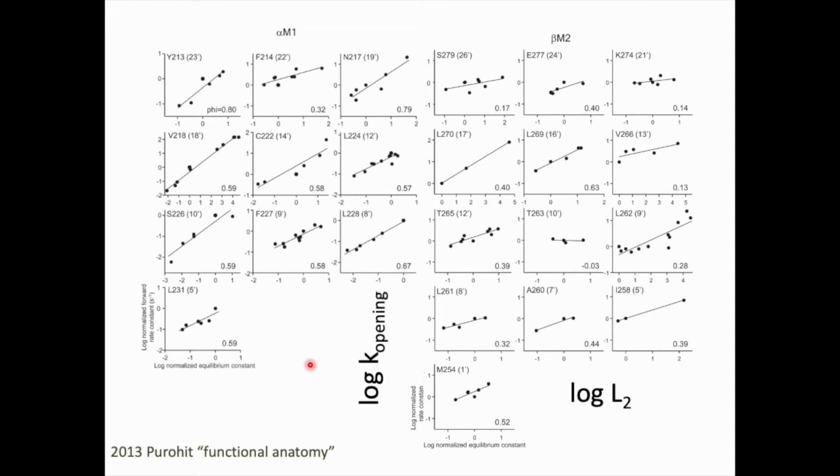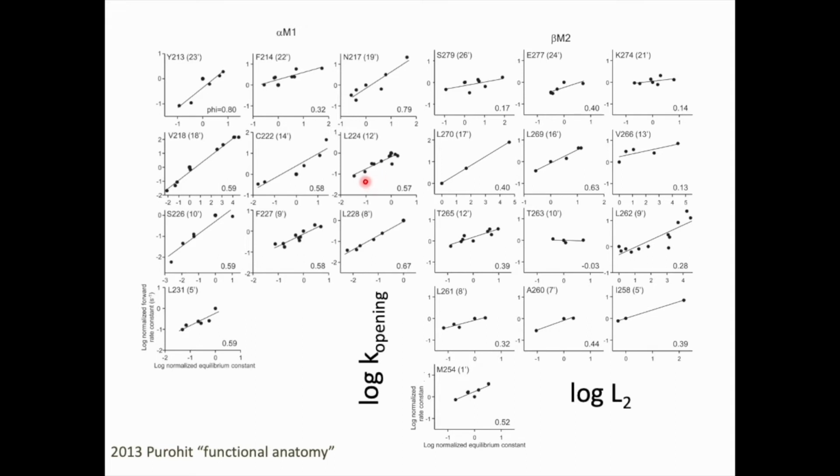So each panel in this plot is a different residue, a different amino acid, and each point in the panel, let's take this as an example, is a different mutation, a different side chain at that position. One of these is wild type, but the rest of them are mutants. So we measure at the single channel level the opening rate constant and the gating equilibrium constant for each of these mutants.